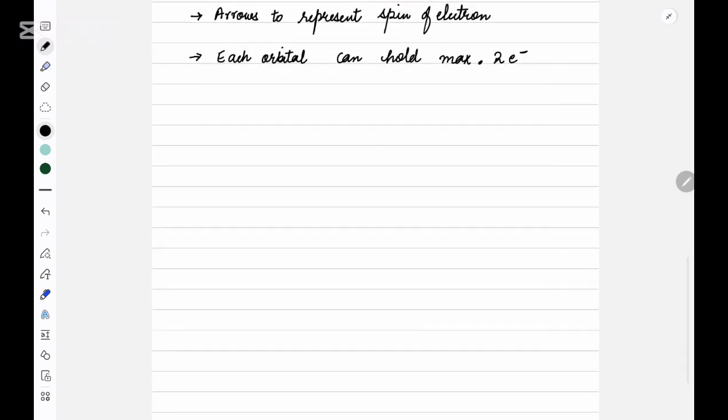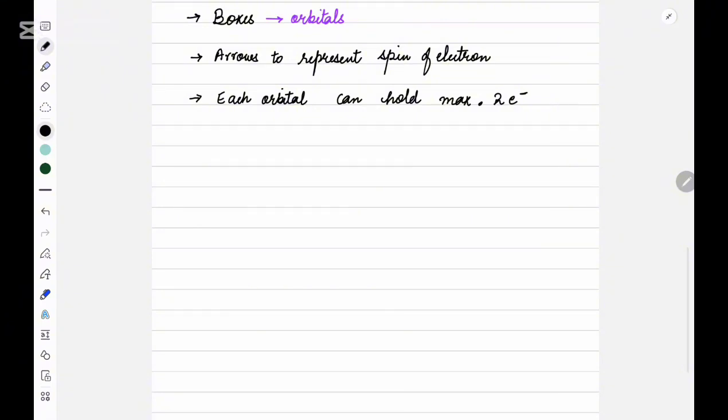For example, if we want to represent fluorine, F9, its electronic configuration is 1s2, 2s2, then 2p5. How do we show the orbitals? In this orbital, one electron is shown in this way, and the other electron we show with the opposite arrow, which shows that it has the opposite spin.